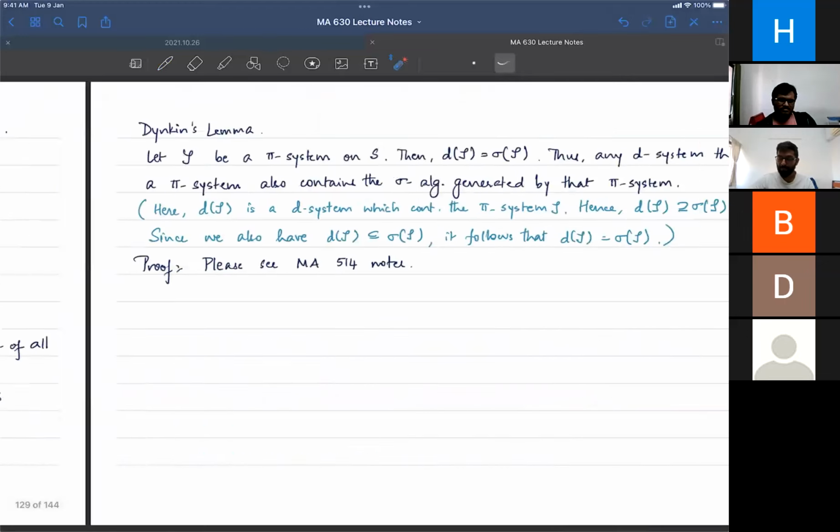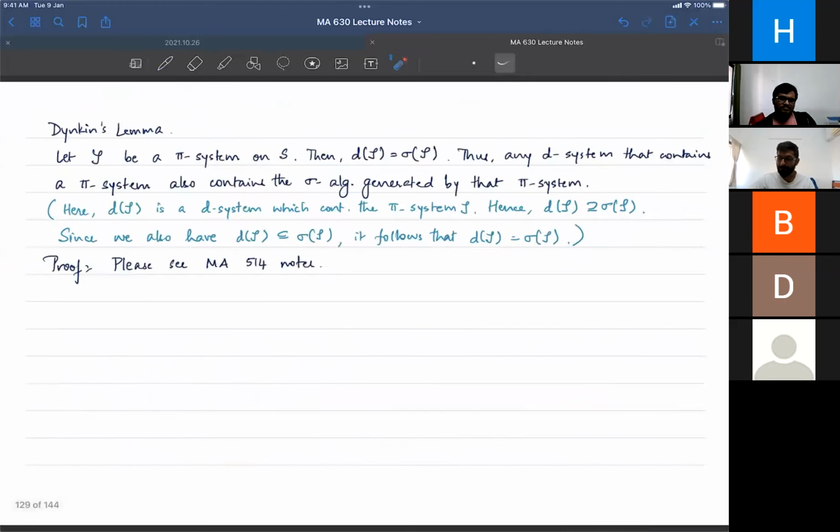All right, so now here's our claim. Here is Dynkin's lemma. Let S be a pi system on S, then D of S equals sigma of S. What we're saying is that any D system that contains a pi system also contains the sigma algebra generated by that pi system.